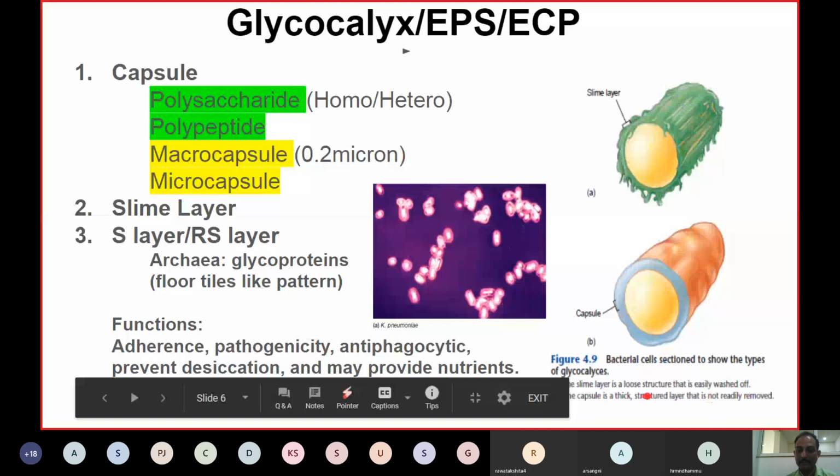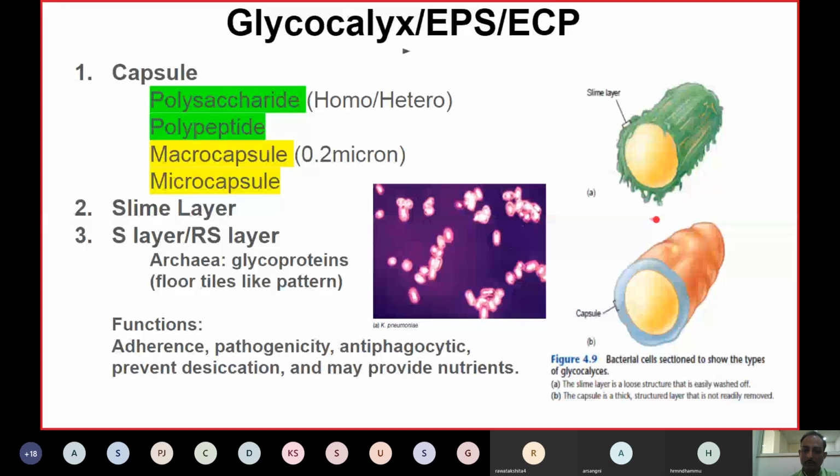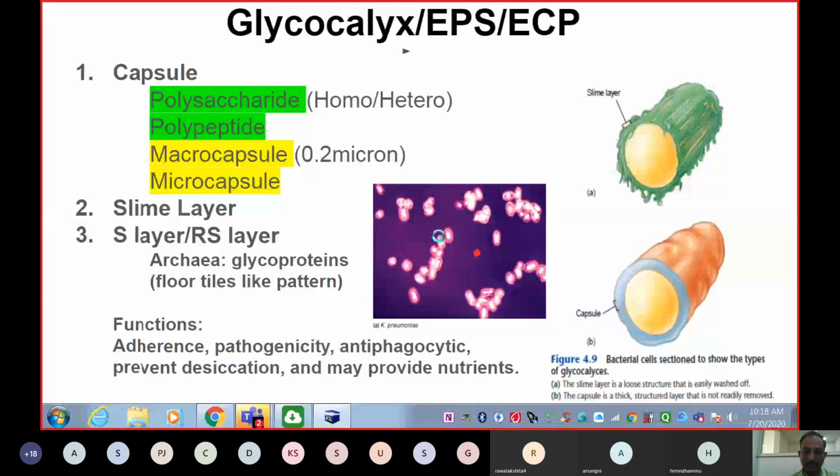I have taken the reference from Prescott and Talaro. In case of slime layer, it is not well organized, it is loose, gel-like structure, and it can be easily washed off. You can see this picture, which is a staining micrograph of the capsule of Klebsiella pneumoniae.